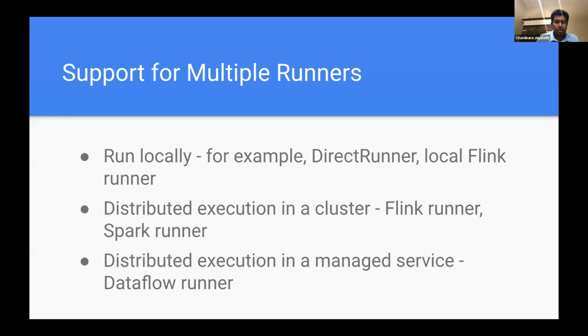Or it could be that you actually want to run your application in a fully managed service. And if this is the case, Google Cloud Dataflow might be a good option, and we have the Dataflow Runner for that. So the idea is that you don't have to be stuck to any one of these. You can go from one to the other at any stage.